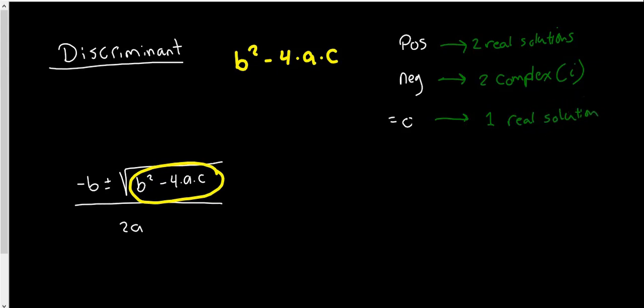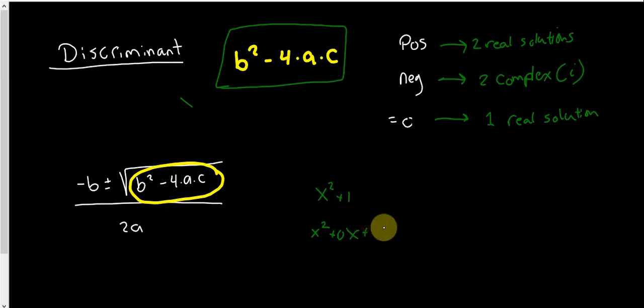Okay. So thinking back to our examples, this is talking about whenever I factored that second example and I had, what was it? X squared plus 1. If I wanted to know how many real solutions I could get from this, I could plug this into the discriminant formula and see whether it's positive, negative, or 0. Well, there's no b term. This is x squared plus 0x plus 1.